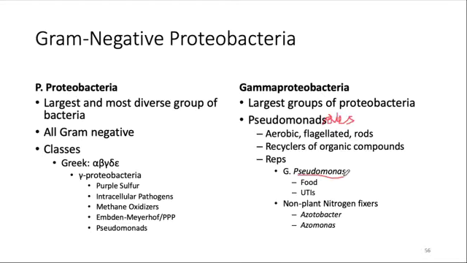So these are free living in the soil. And it's in this state that they are able to fix nitrogen. They're typically not associated with the roots of plants, unlike the Rhizobium and Nitrobacter species that we looked at earlier.